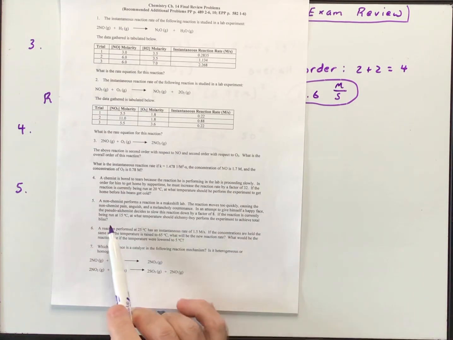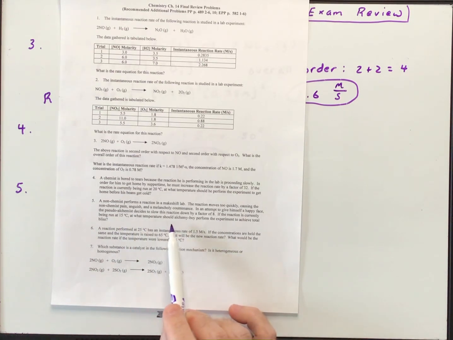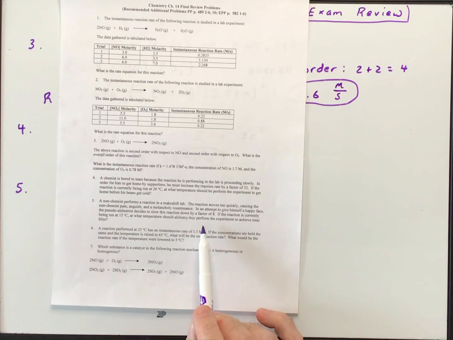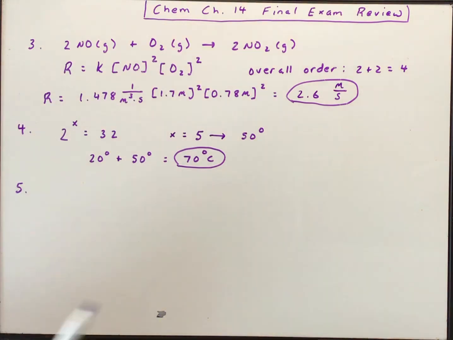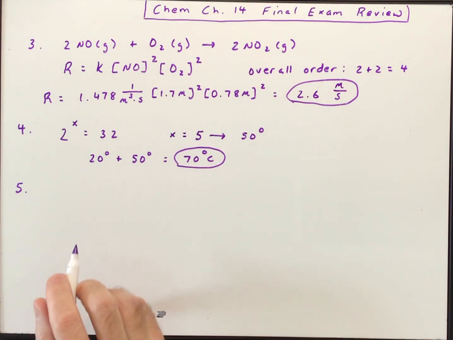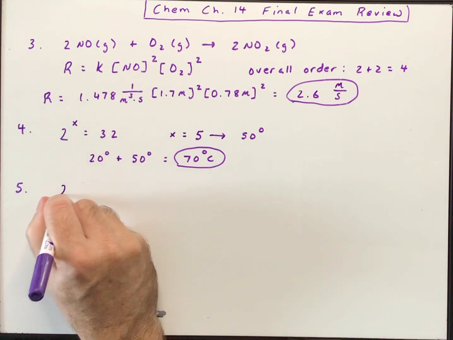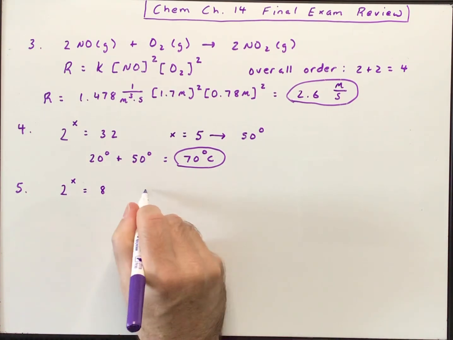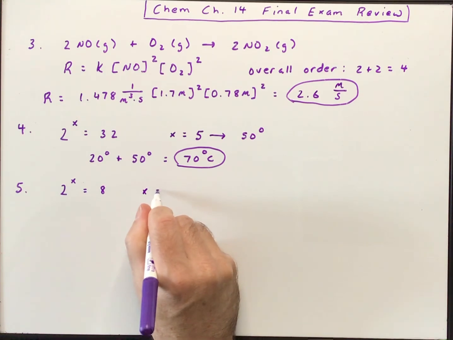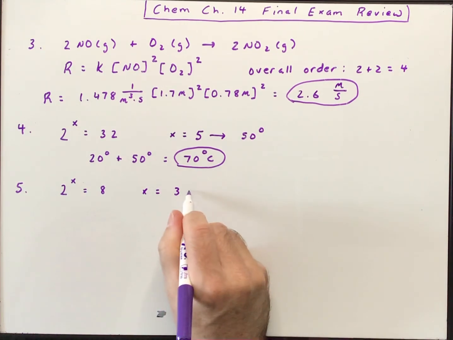If the reaction is currently being run at 15 degrees C, at what temperature should Alchemy Boy perform the experiment to achieve total bliss? All right, we need to slow down by a factor of 8. Well, 2 to what power is equal to 8?